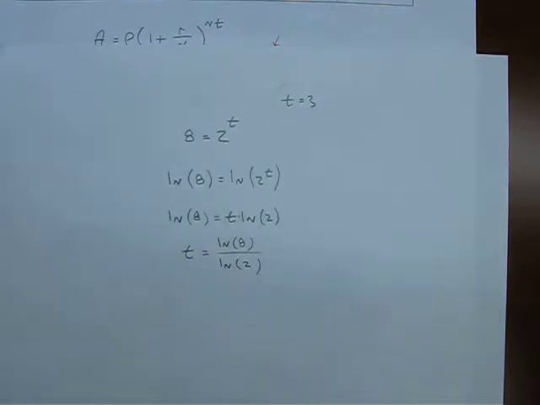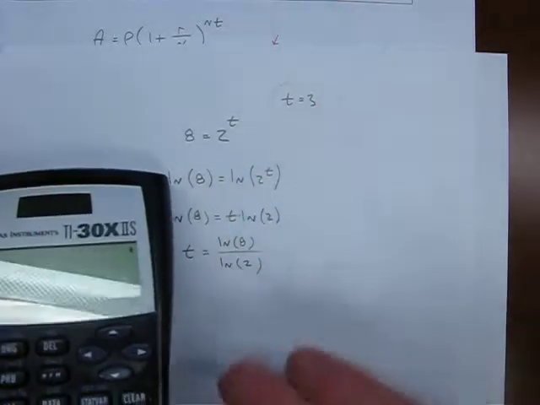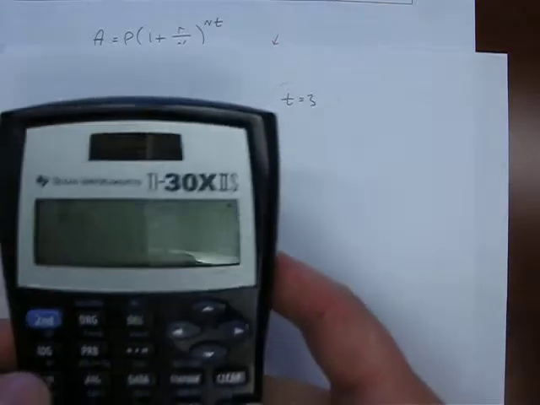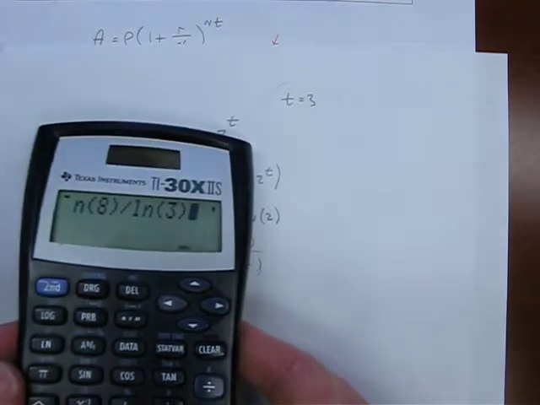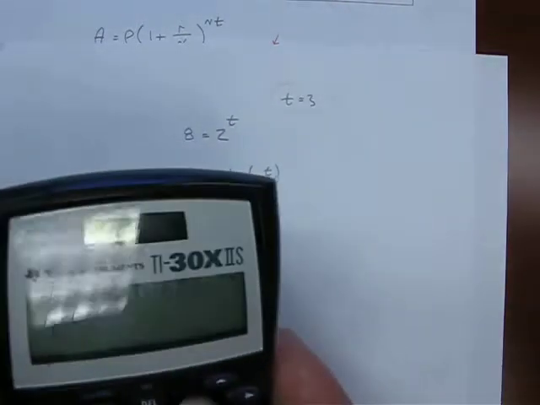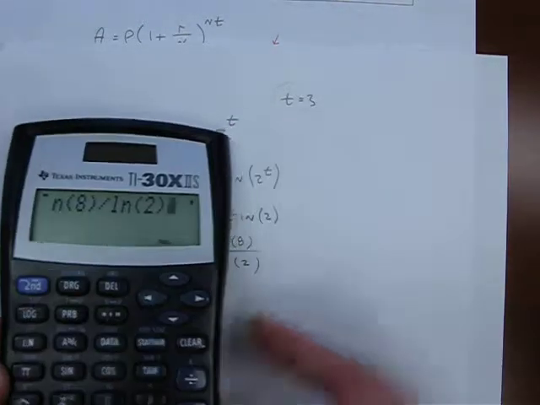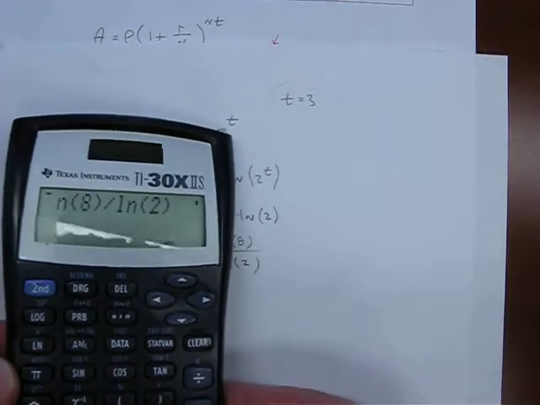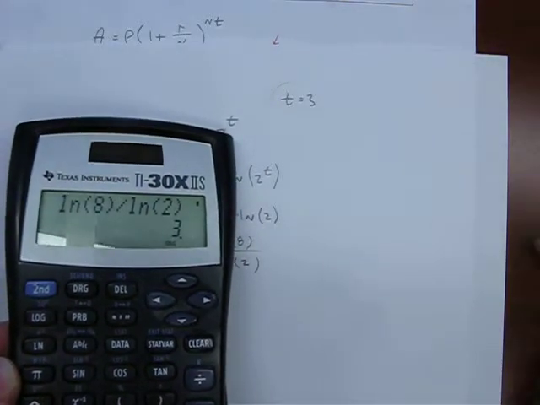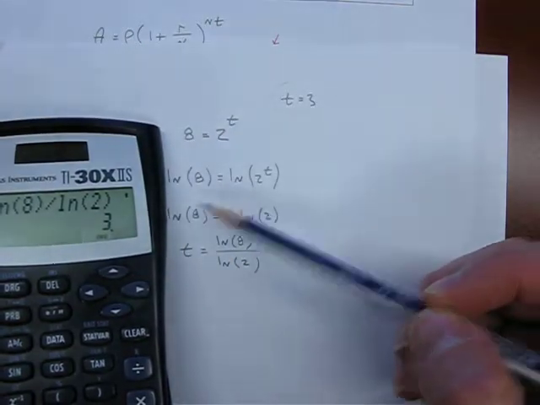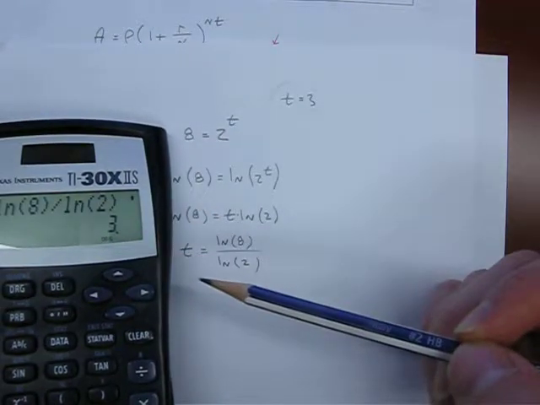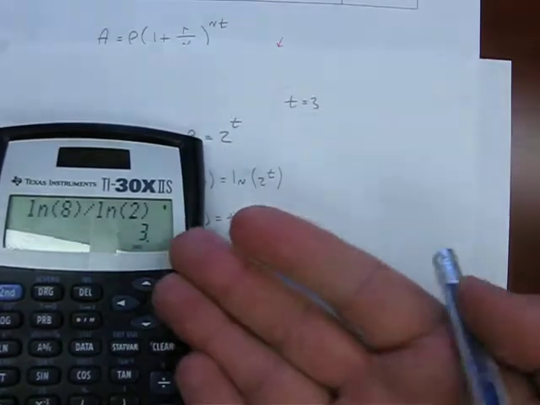Whatever that is, I guarantee you it will be 3. But like I said, this allows us a way to do things on our calculator. So natural log of 8 divided by natural log of 2. I typed it in, and it tells me that that's equal to 3. I can see why: 2 to the third power is 8. Of course the answer is 3. But this technique allows us to use the calculator.